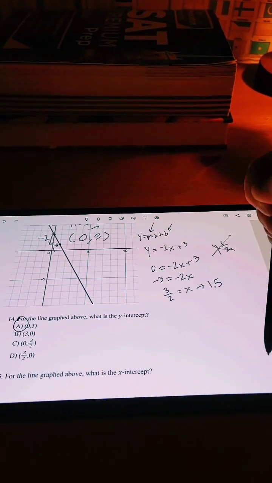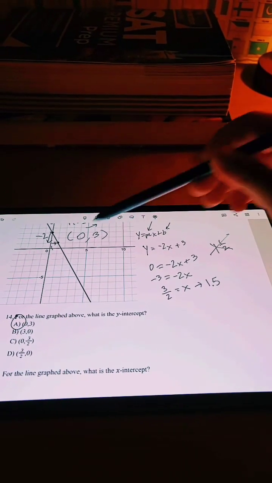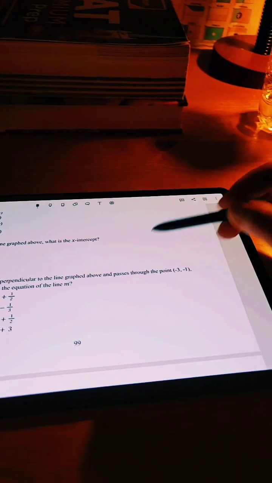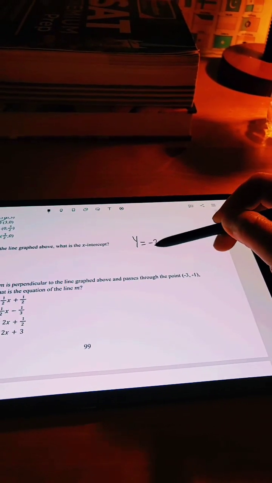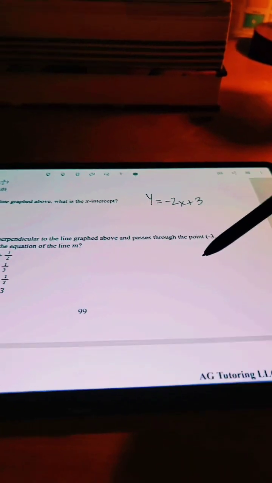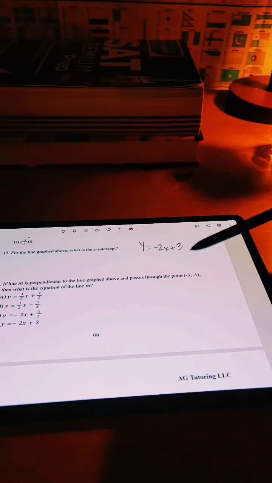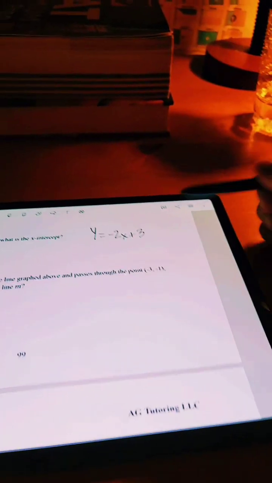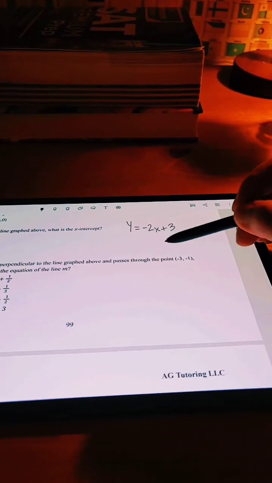We know the linear equation for this line, so I'm going to rewrite it. The linear equation for the line we were just working with is y equals negative 2x plus 3. That's the graphed one. We want the equation of the perpendicular line, which means we're going to have a negative reciprocal slope.